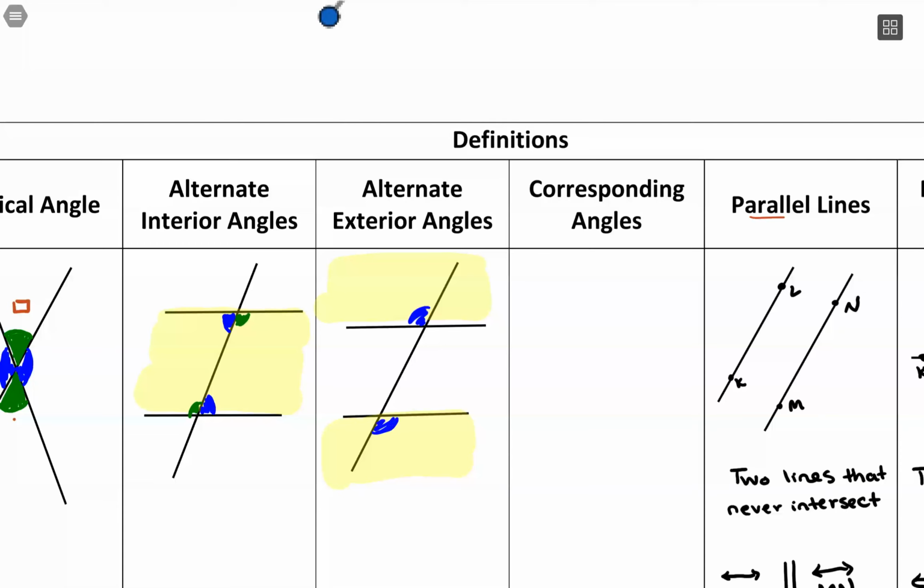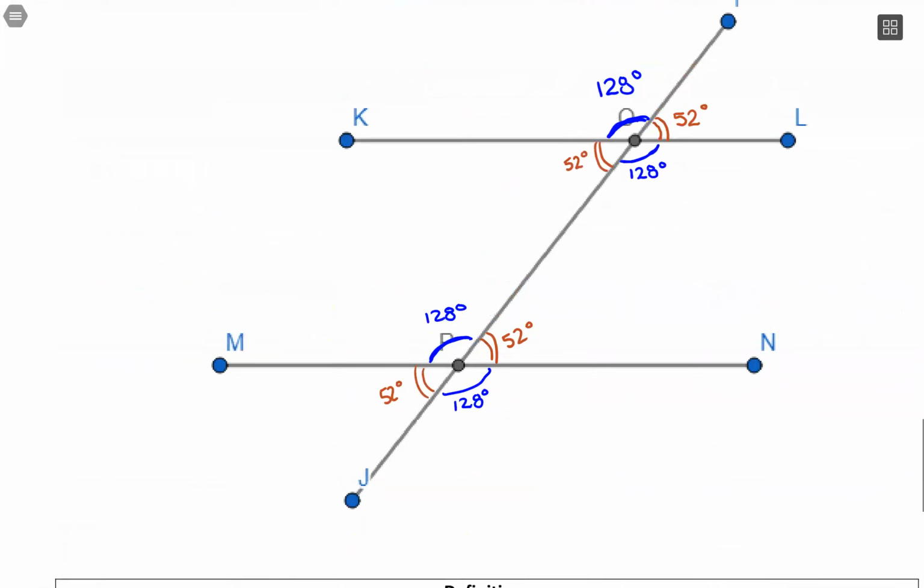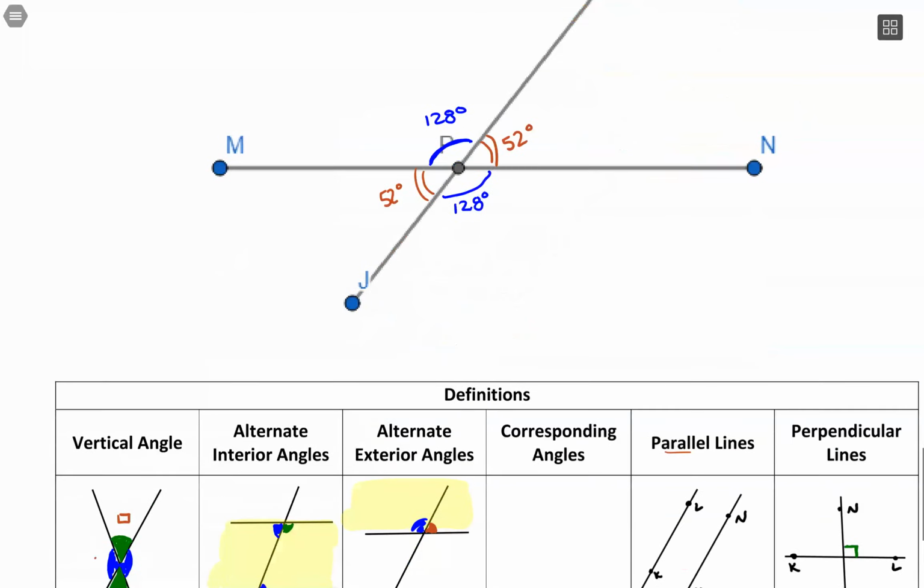If I was on the right-hand side up here, the left-hand side down below would be the same. In our picture, that would be looking at this 128 degrees at the top on the left-hand side on the outside; the right-hand side of the outside would be the same. So at the exterior of the intersections, the opposite sides match up.